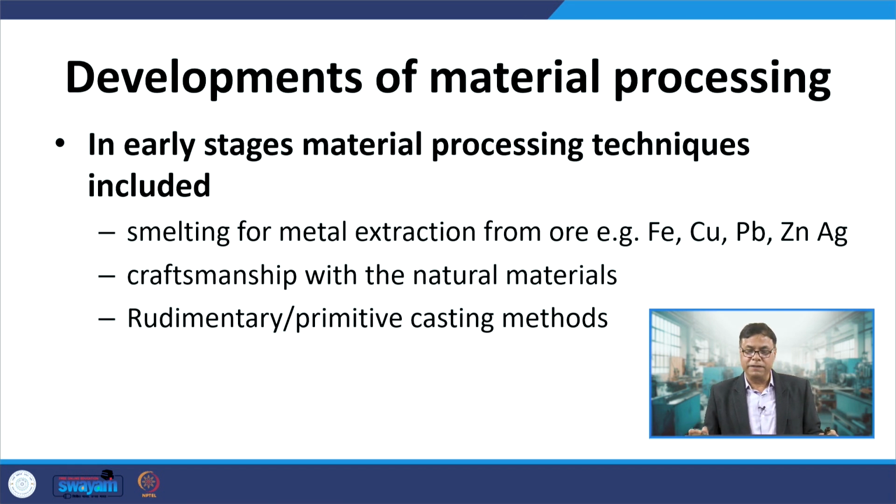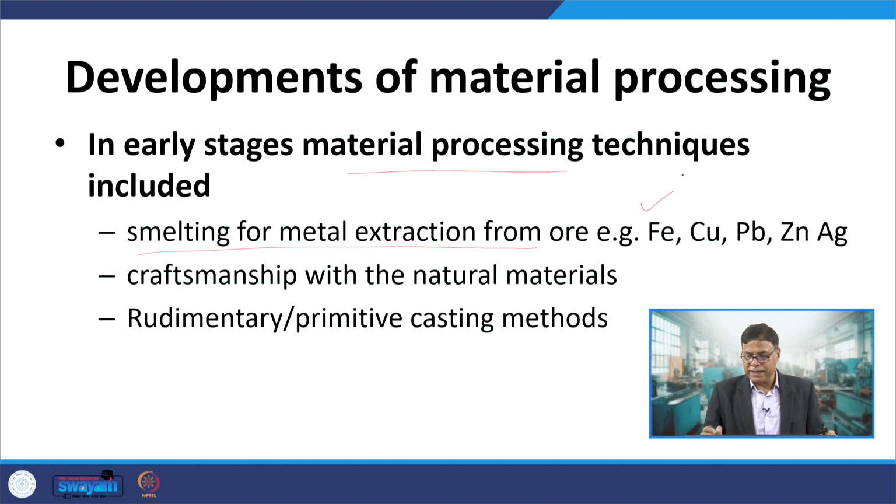Now we will see how things have evolved in material processing. In the early stages, material processing techniques included smelting for metal extraction. This involved obtaining the desired metallic materials through the smelting approach using the relevant ores.